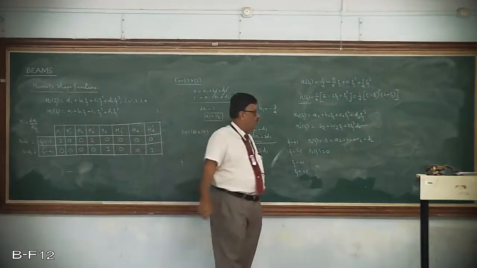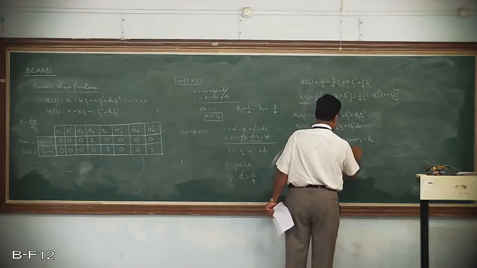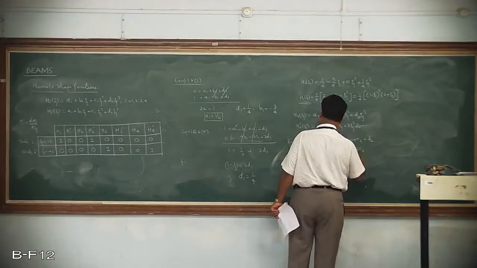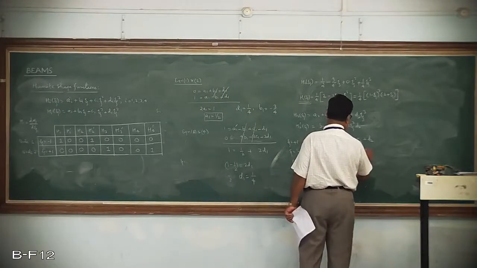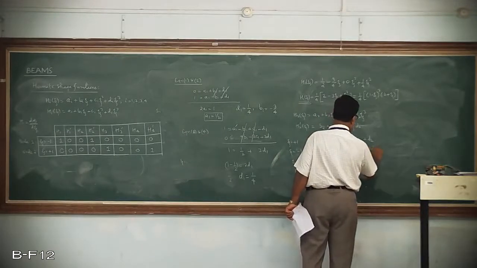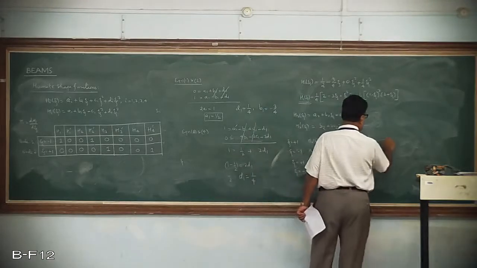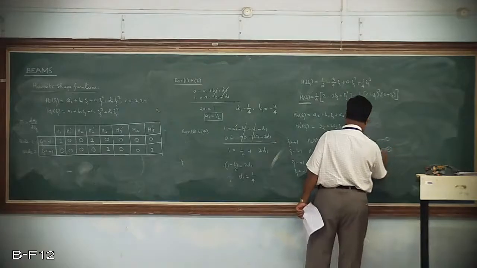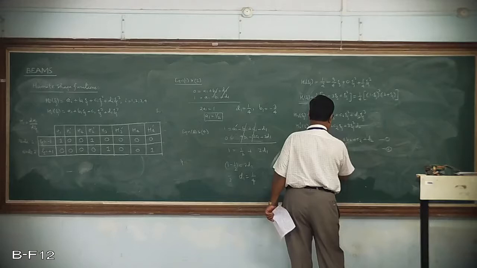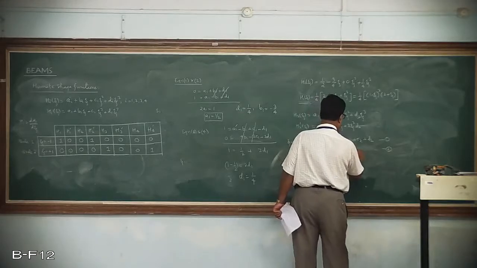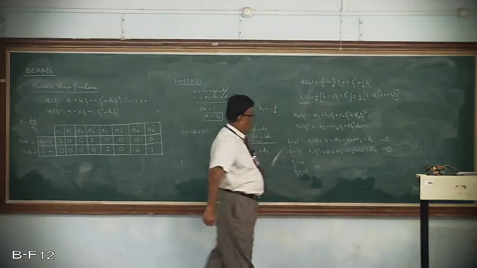So this will come a2 minus b2 plus c2 minus d2. You can call them equation number 1 and 2. This is for the h2 of zeta.